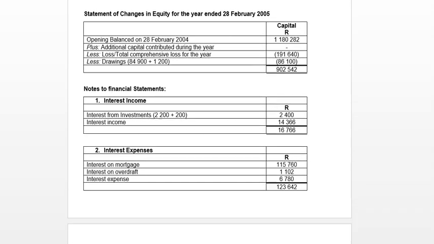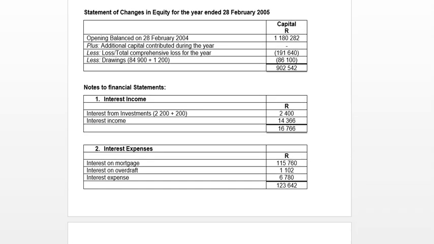So if we go to note number 2, our interest on overdraft is 1,102 Rand. Our interest expense on credit account is 6,780 Rand. Our interest on mortgage loan is then, our balance is 106,486.